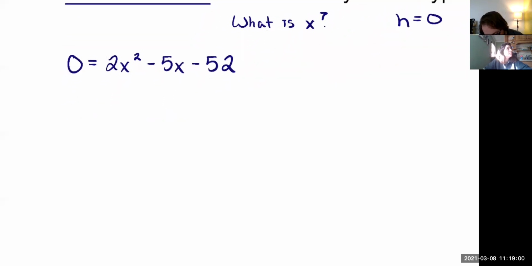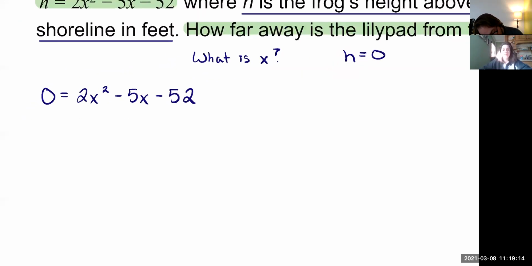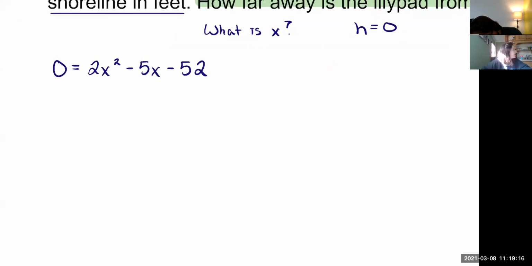So what should I check for first? Greatest common factor. Is there a greatest common factor? No, because 2 and 5 are both prime numbers, so the only factor they share is 1. So then I think, okay, let me try the asterisk method. What's my A? 2.